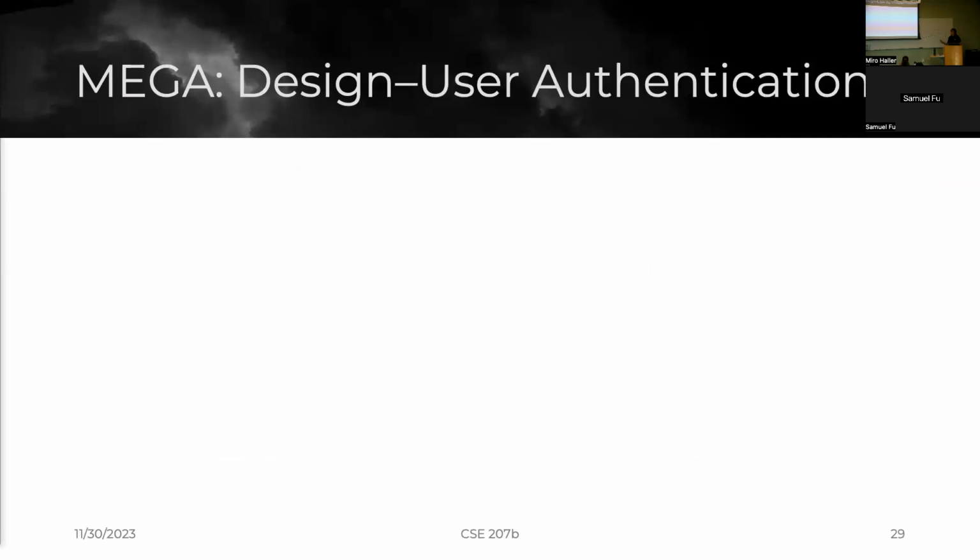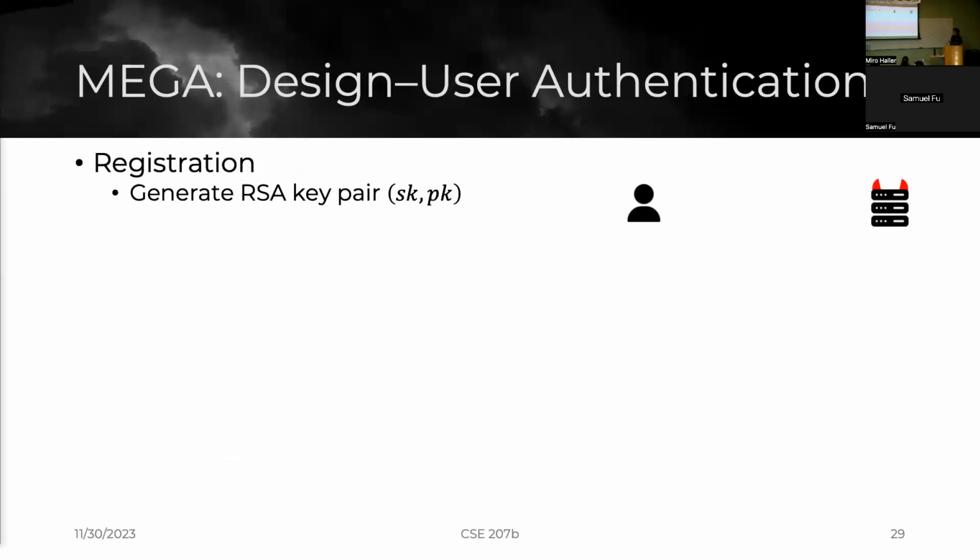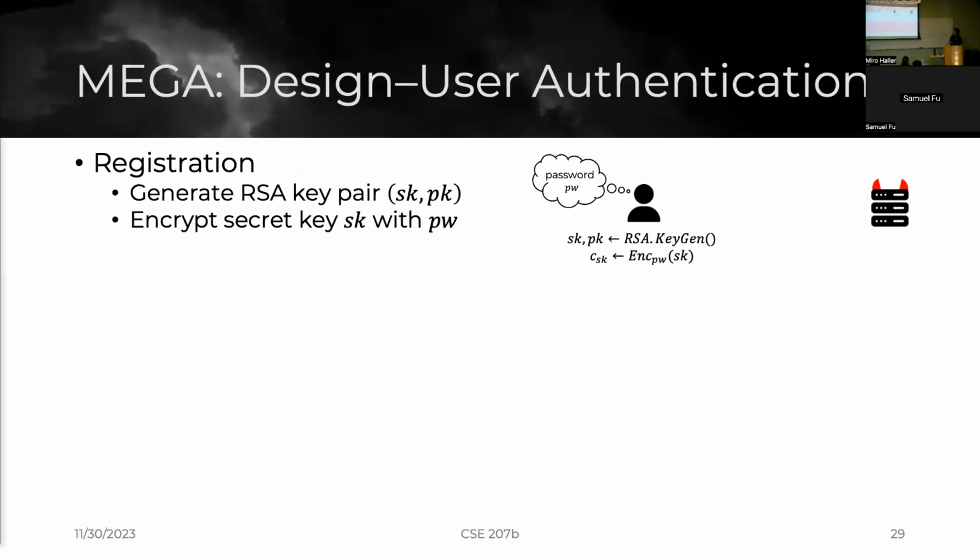The other thing that turns out to be really useful for the attacks is the authentication procedure. So we're looking at how authentication works in a bit more detail, and for that, we first look at how registration works. To register, the user generates an RSA secret key pair. They use their password to encrypt the RSA secret key.